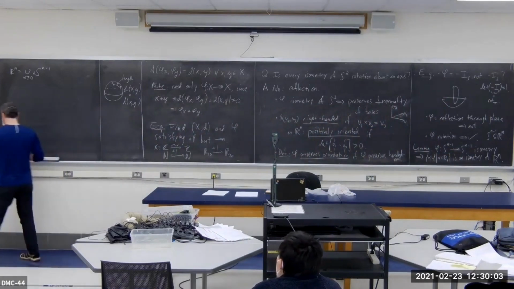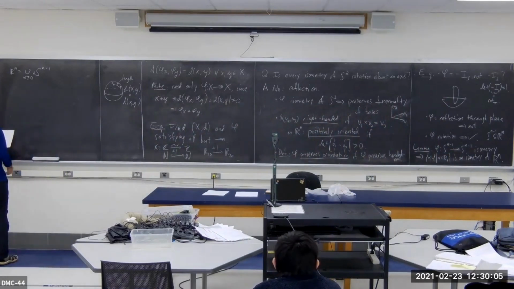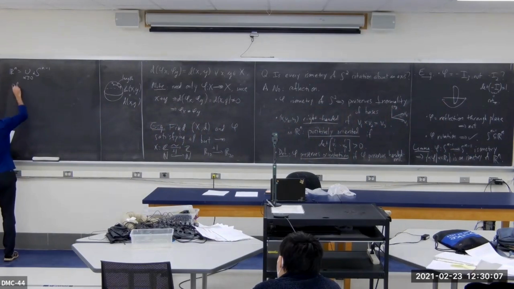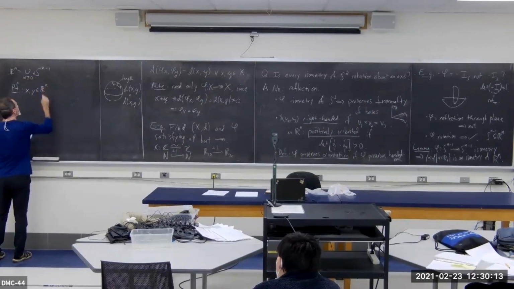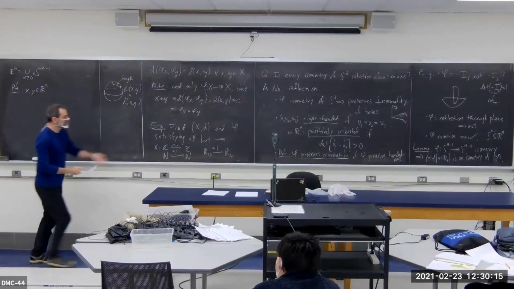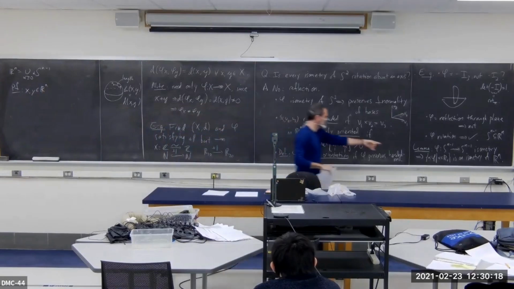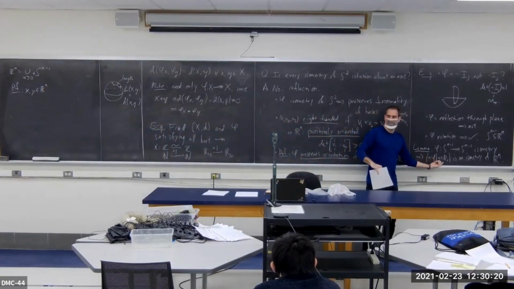Let's prove this. All I'm really trying to do is prove that this set of functions from the various spheres to themselves induces an isometry from Rn to Rn.